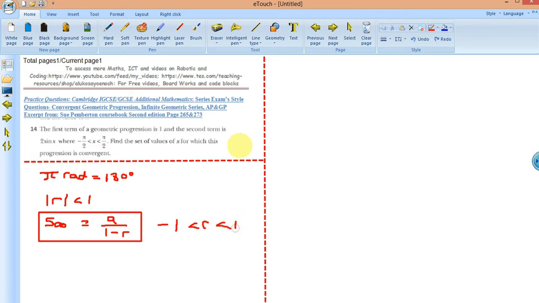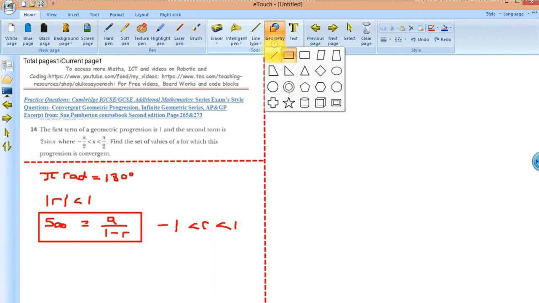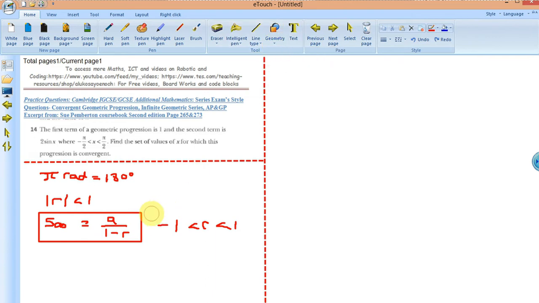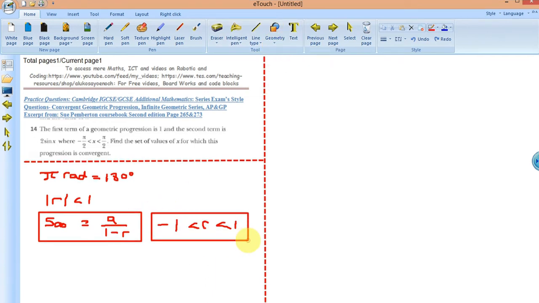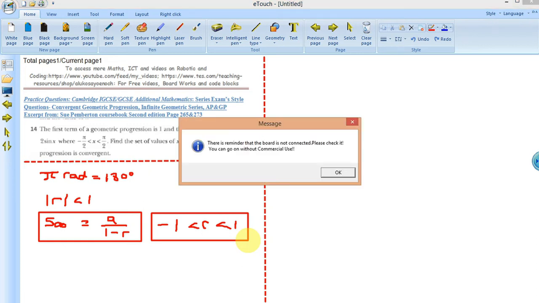These are the two conditions that we need. That's the mathematical expression of what I'm trying to say: a geometric series converges when the absolute value of r is less than 1. That is, the sum to infinity converges to a finite number.